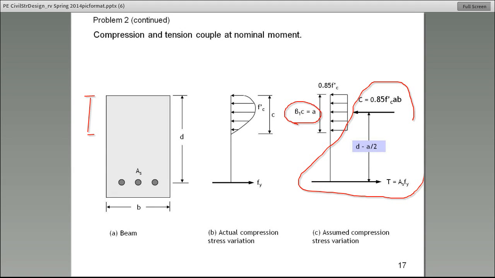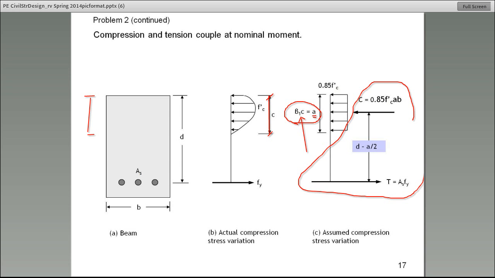This a, lowercase a, is equal to beta 1 times c. Now, c is this distance from the top to the centroid. Lowercase a is not the distance to the centroid. It is related to it, but it's not the distance. a is equal to beta 1 times c.